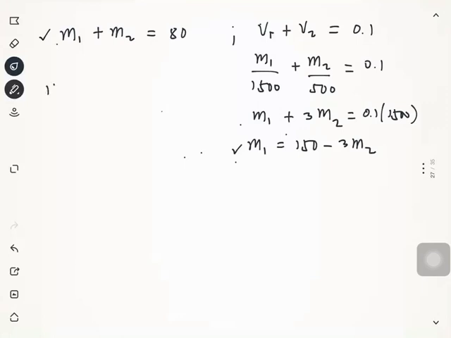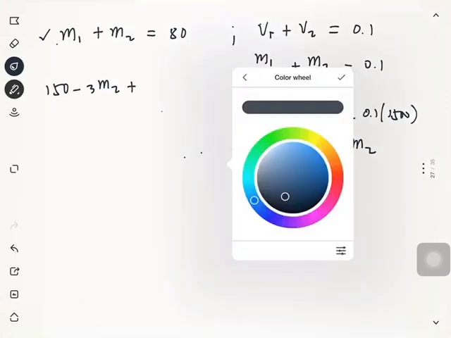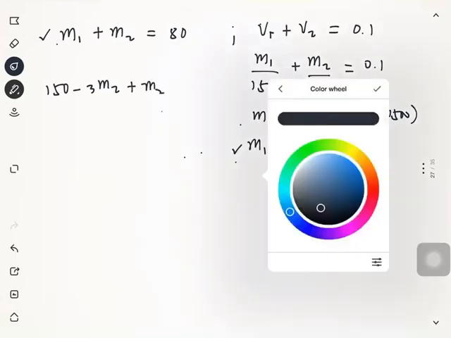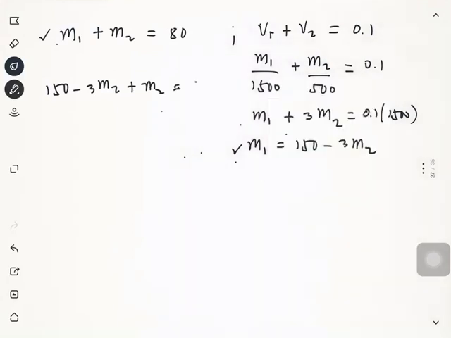So we have 150 minus 3 m2 plus m2 equals 80.